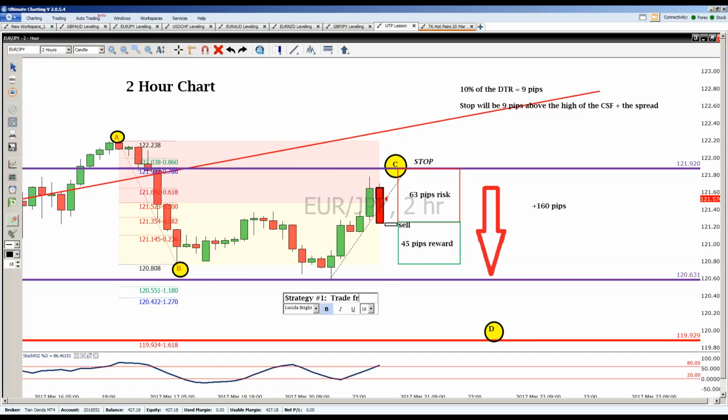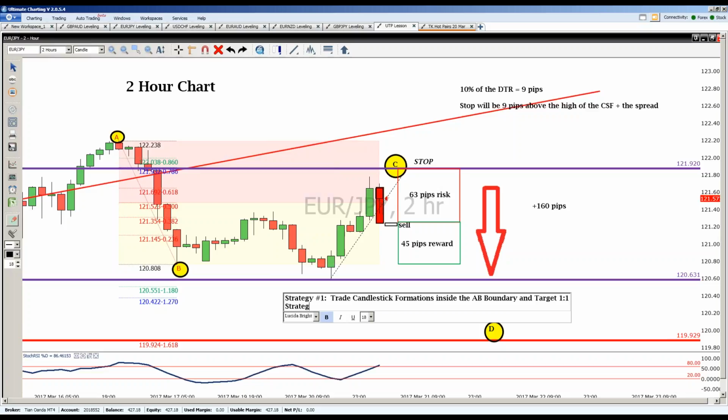Let me just say trade candlestick formations inside the AB boundary and target a 1-to-1 risk reward.